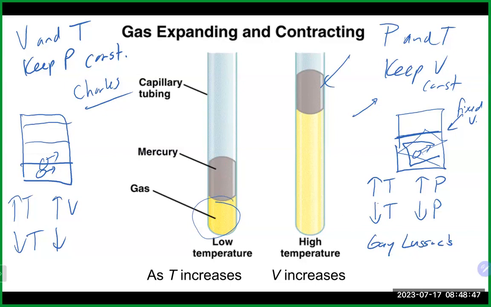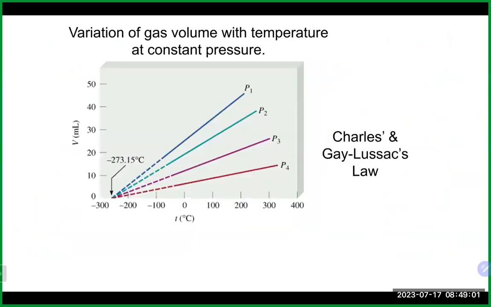Now, there is also another sort of important aspect to both of these laws, and really all gas laws as well, that sort of came out of these experiments that were done by Charles and Guy Lussac. And when we look at a graph of any gas that you like at the volume and the temperature, it really doesn't matter the gas that you're looking at.